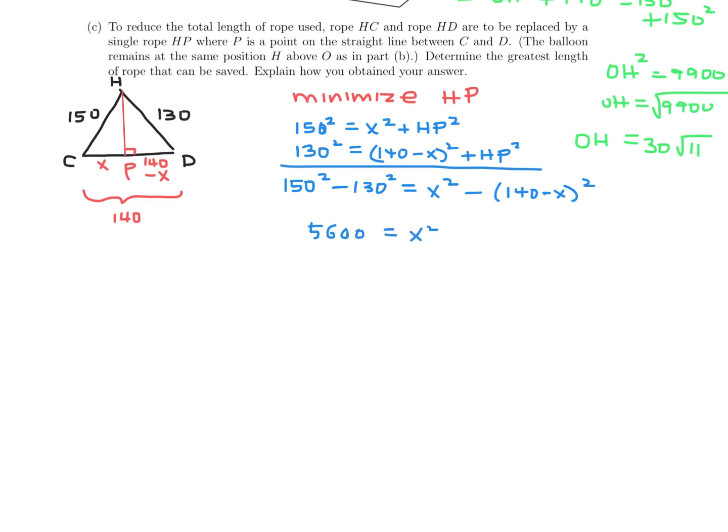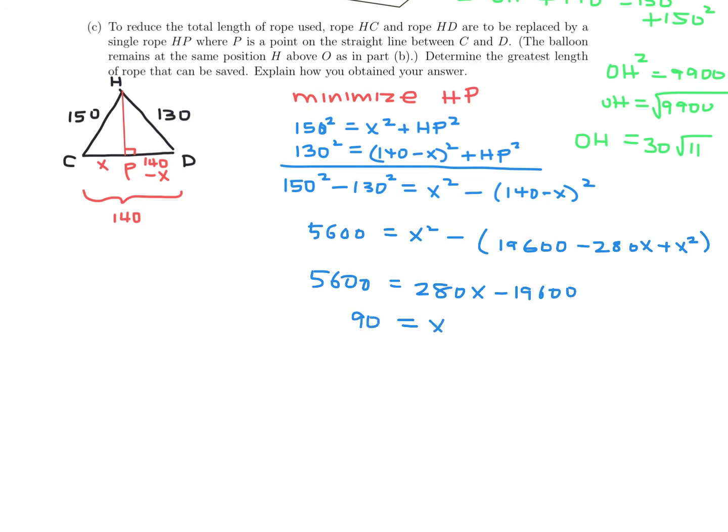On this side you have to do a little bit of algebra: 19600 minus 280X plus X squared. And then this is 5600, and the X squareds cancel, so the only thing left is 280X minus 19600. Put everything on one side and solve for X, and you'll get X equal to 90.